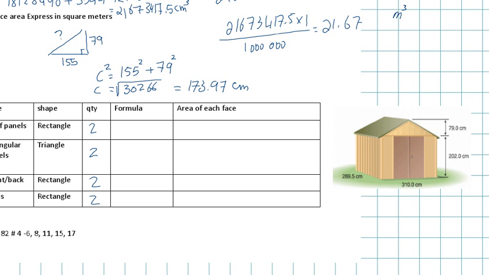Yes, you can do that if you want. I just use 2 because if I round, it's going to be 174. It doesn't matter in this case, it doesn't specifically ask. So the formula is going to be S times W. And I have 2 of them, so it's 2 times 289.5 times 173.97.